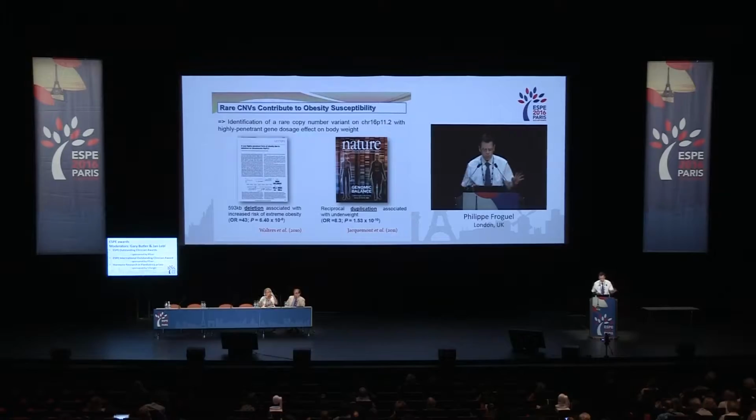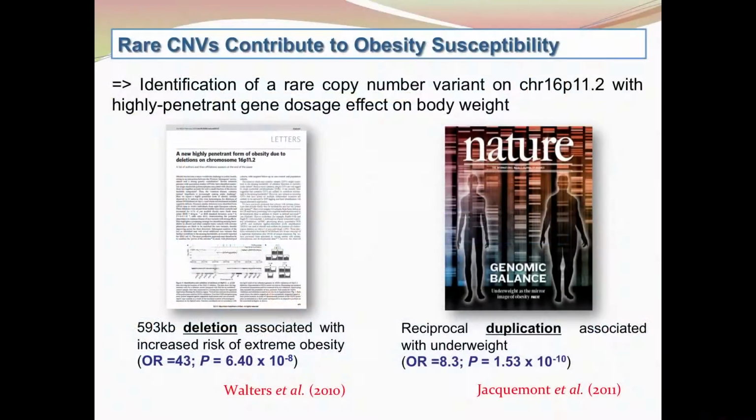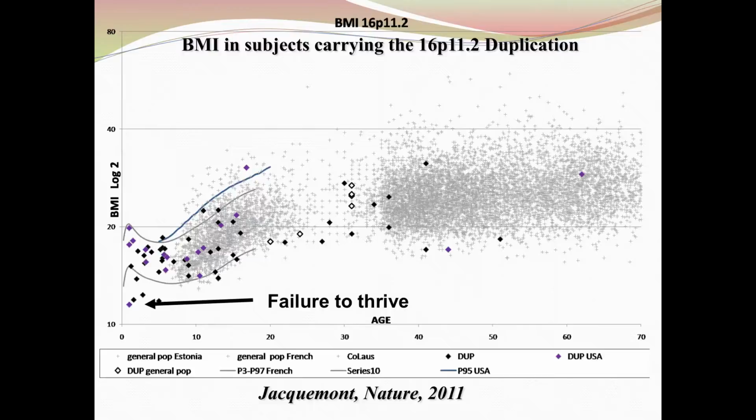Now, I told you that when you have a deletion, the risk is enormous to develop obesity. What about exactly the opposite? We published a year later, in 2011, another paper where we showed that patients with a duplication, so more DNA, are underweight. That's some data we had originally, and you can see that nobody is obese with this duplication.